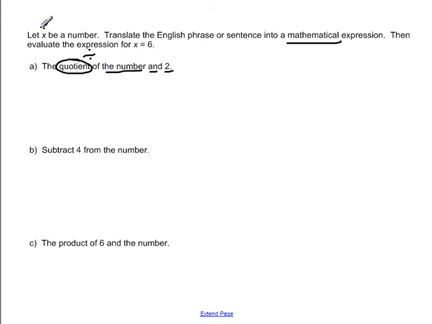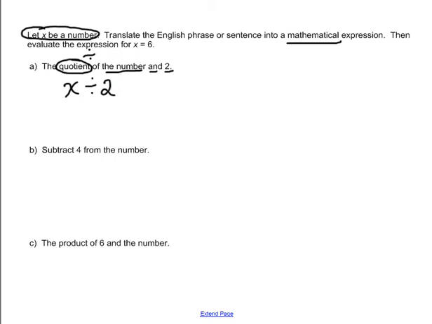Now remember, they gave us the variable they want us to use. They want us to use x for our number. The quotient of the number and 2, well, there's the number. Quotient means divide by, and they're asking us to divide by 2. So there's the mathematical expression for the quotient of a number and 2.